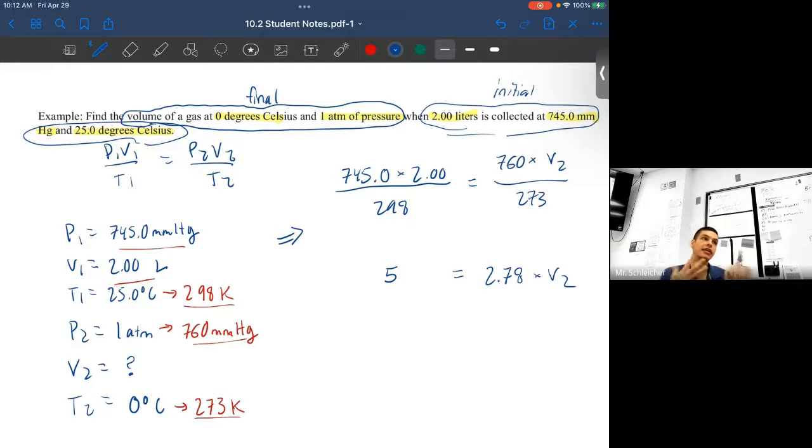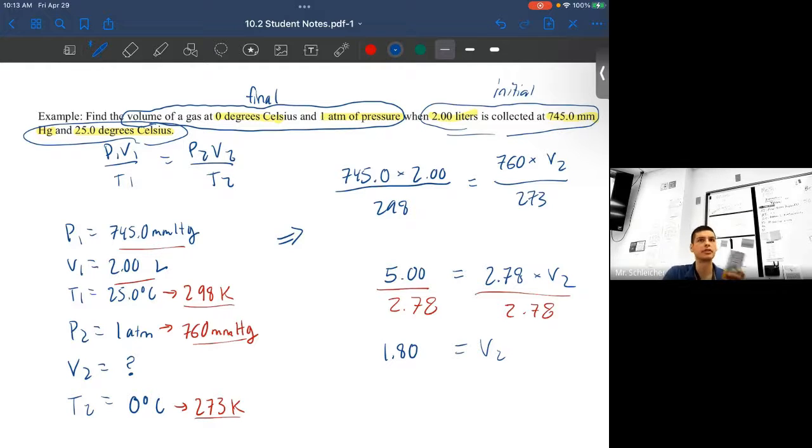Okay, so now that it looks a lot more simple, how do we solve that? I guess I could put 5.00. We could just divide both sides by 2.78. And then you should get the second unknown volume all by itself. So 5 divided by 2.78 gets us something like 1.80.